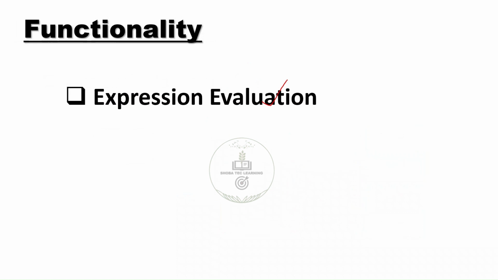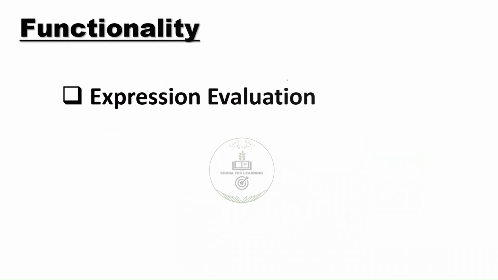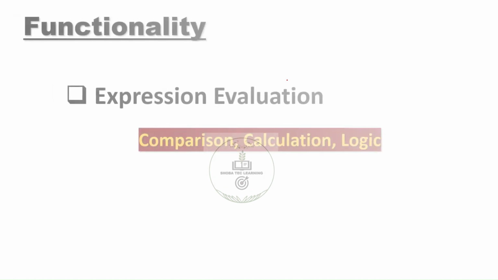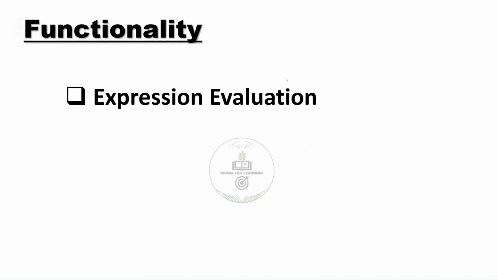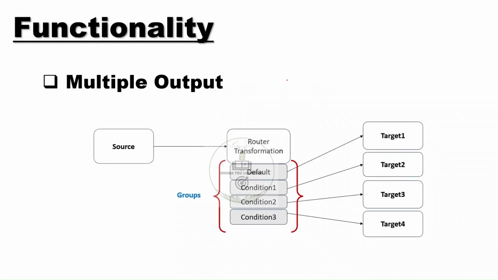We evaluate the data in the form of calculations or comparisons, and we apply expressions logically. It may be simple arithmetic operators or logical operators, at the condition level or expression level.